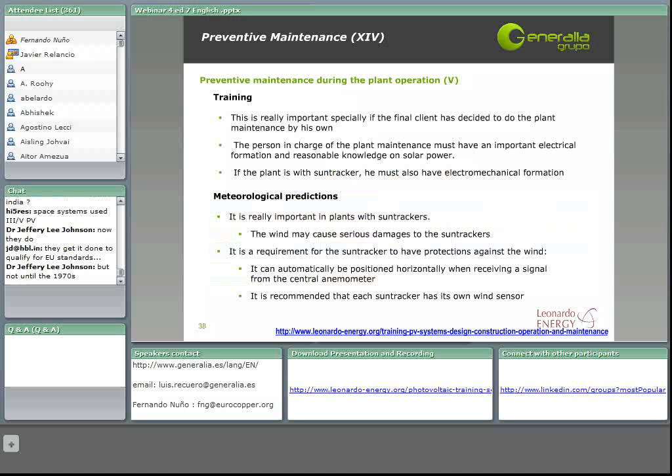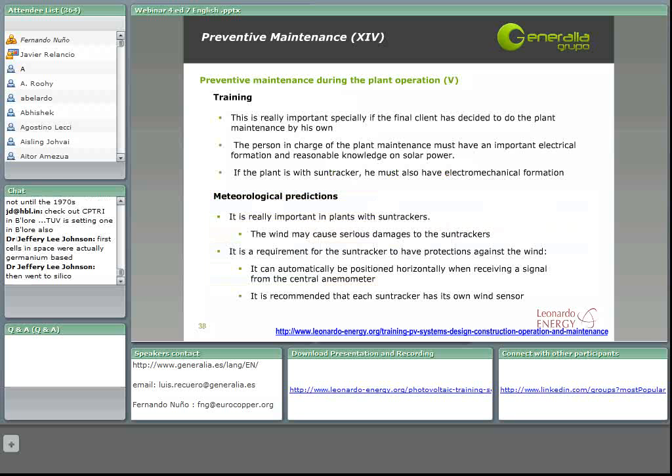For the meteorological predictions, we have to know that they are really important to be taken into account in plants which have sun trackers. This is because the wind may cause serious damages to the sun trackers. As we have already studied during the last webinar session, the sun tracker must have protections against the wind, being positioned horizontally when receiving a signal from the central anemometer.